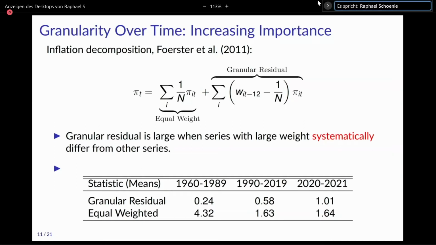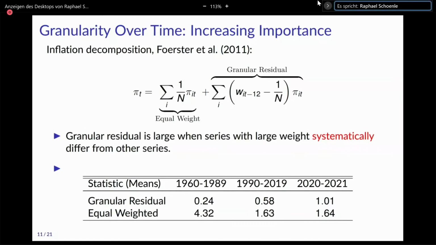So this table here summarizes the two components' contribution to the aggregate inflation rate, and you can see that as you move from the left to the right, the importance of the granular residual in the first row has increased from, I don't know, maybe a 20th to about 1/3 or 2/3 even in the recent period.